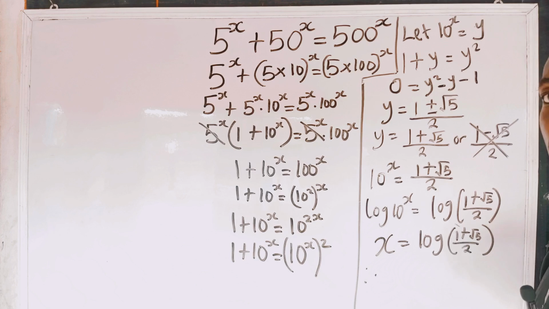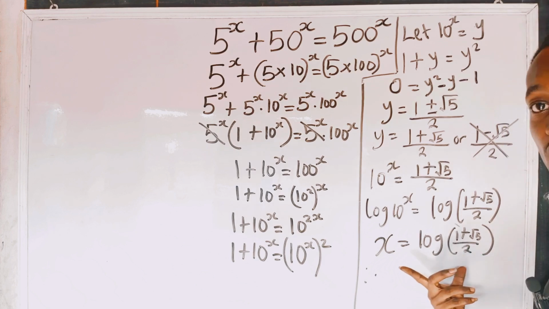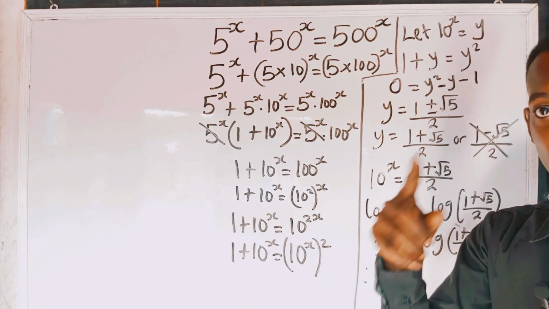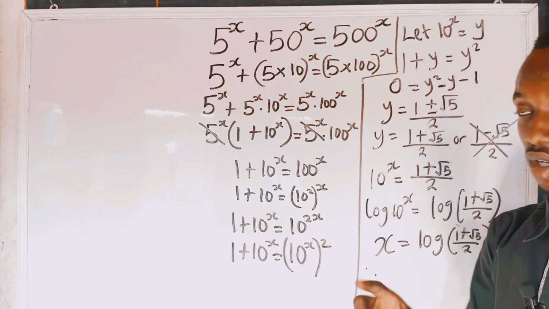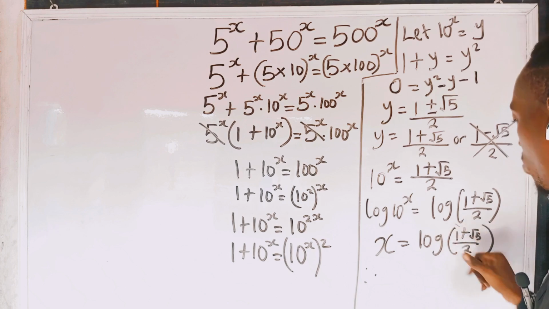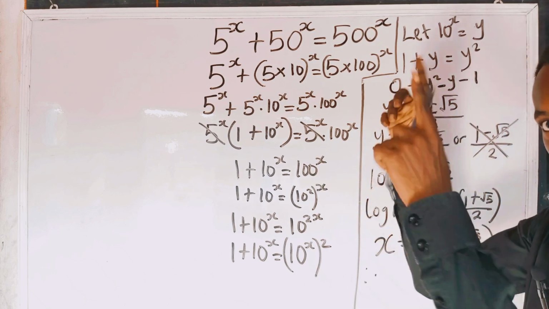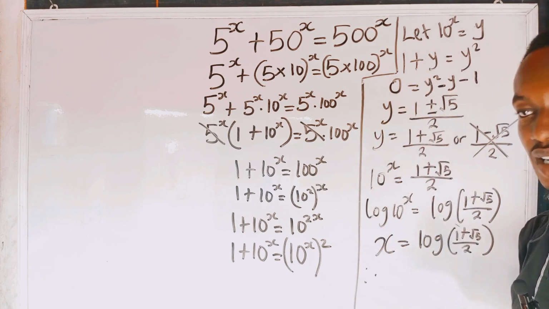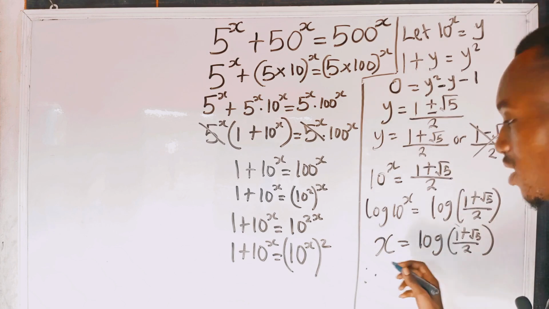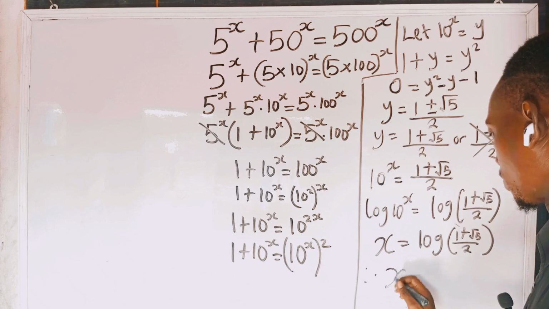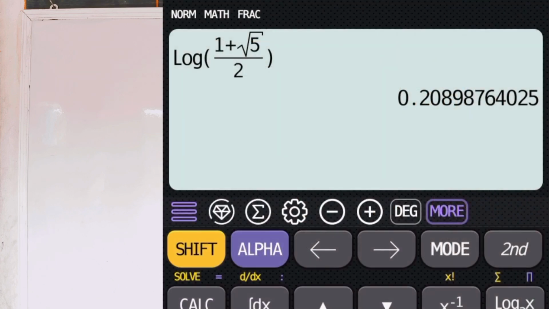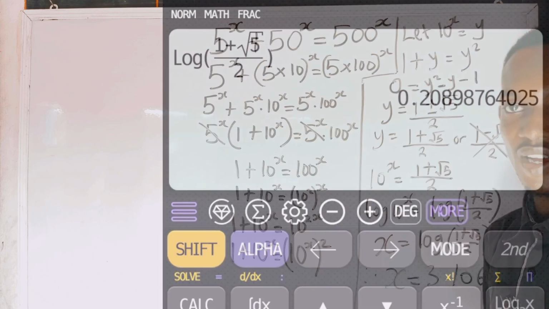When we input this into our calculator, it's very easy. We type log, open bracket, 1 plus root 5, close bracket, divided by 2, close our bracket. It's going to give us the answer, and the answer is x equals, to 4 decimal places, our final answer. Very, very simple.